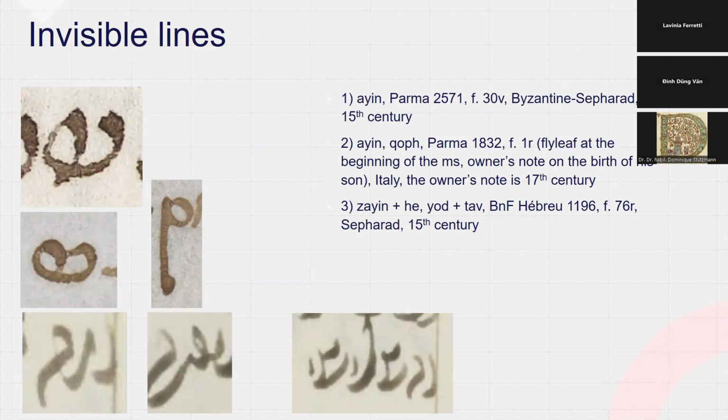I'm counting from top to bottom. The first example is the letter Ayin from a manuscript from Parma from the 15th century. The script is identified as Byzantine Sephardic, and the invisible part is this. Normally you will not have this line at all. The scribe will lift up their writing implement, and you will have just a gap here.